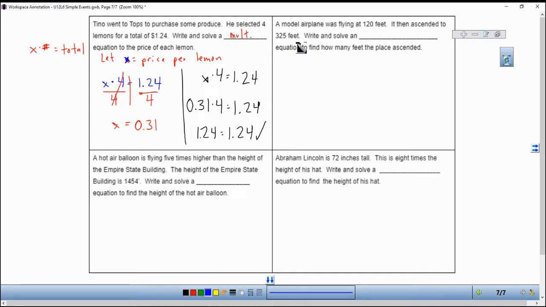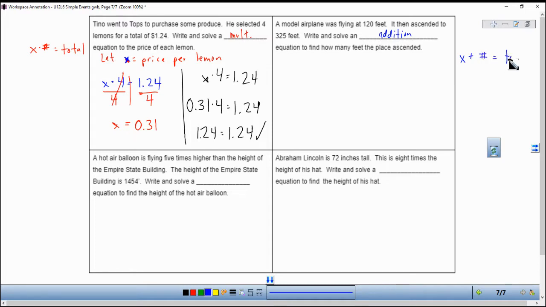All right, let's try the one next to it. It says a model airplane was flying at 120 feet. It then ascended, or went up, to 325 feet. So we're actually going to write and solve an addition equation. Now, in 6th grade, addition equations look like this. You have a variable, we'll call it x, plus a number equals the total.